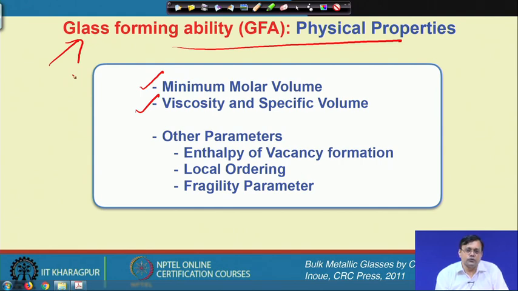There are also some other parameters scientists have correlated: enthalpy of vacancy formation, the local ordering, meaning not long range order but the ordering inside short range order, which is basically less than 2 nanometer in size, and also the fragility parameter. Today we will discuss what they are, what the fragility is, and what we really mean by the viscosity of an undercooled liquid and so on.